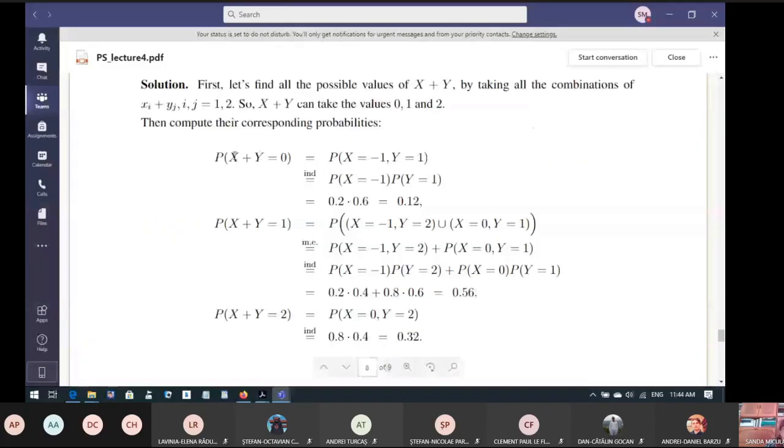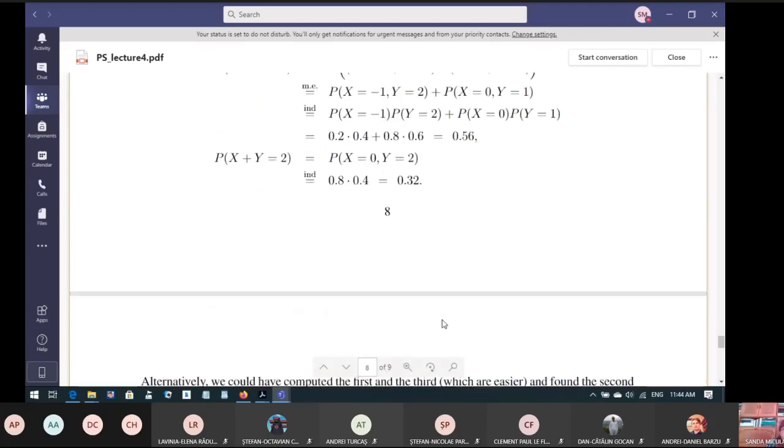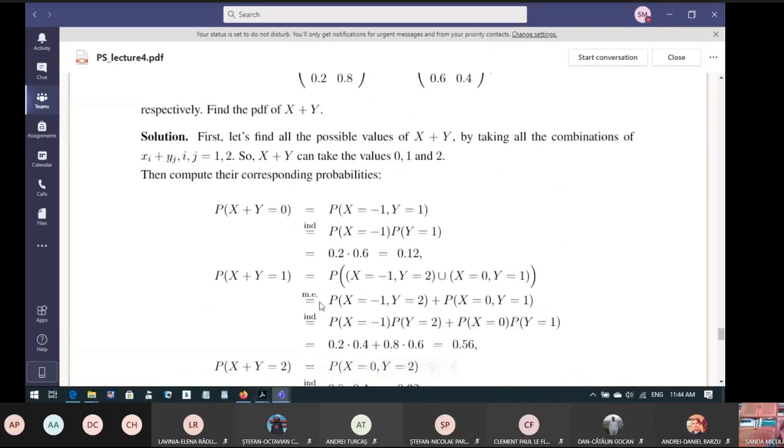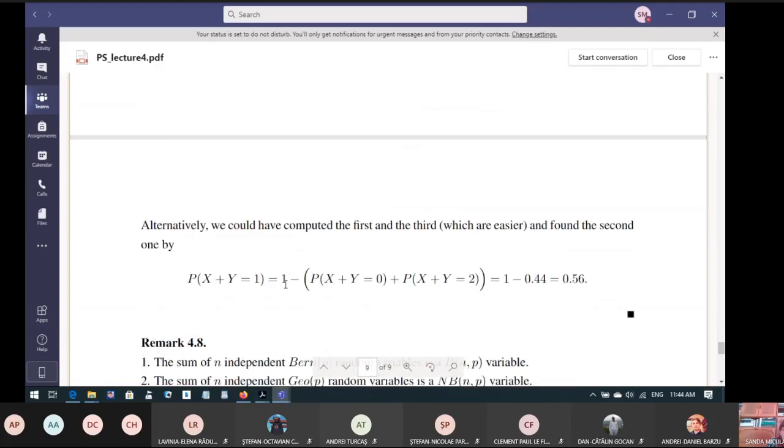So like in this case, compute the two easy ones, probability that the sum is 0, probability that the sum is 2, okay? And if you're absolutely sure that nothing is wrong, then you can use those results, because you know in a PDF they have to add up to 1, okay? So compute the third one by simply subtracting the sum of the other ones from 1, okay?